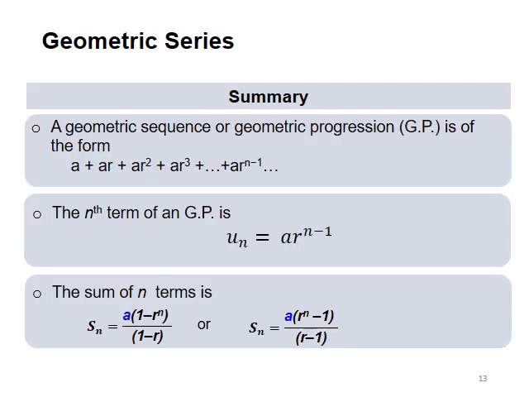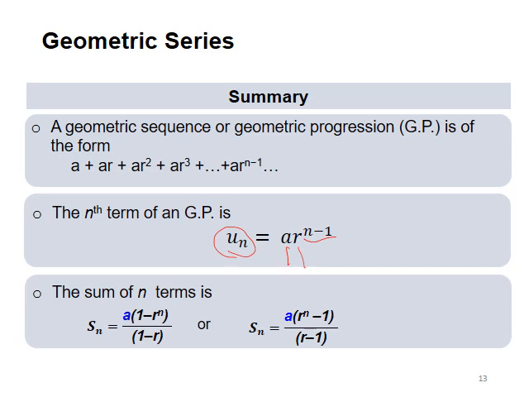Now let's summarize the discussion here. A geometric sequence or progression comes in the form a, ar, ar squared, and so on. Or we can write it in a general form: the nth item, its value equals a, the first item, times r, the common ratio, raised to the power n minus 1.